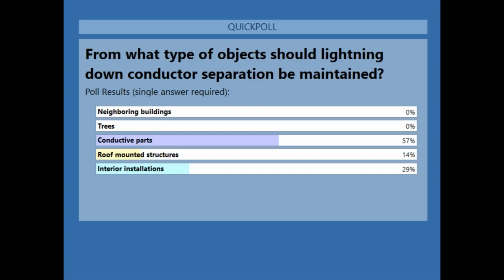Polling results: conductive parts, and that's certainly the most appropriate answer for most structures. So again, this really helps us understand what the audience is dealing with, and there are some wrong answers. I mean, we're not really too worried about trees, for instance, or neighboring buildings, but in fact the interior electrical wiring is very important. You don't know what's on the other side of that wall all the time, do we?